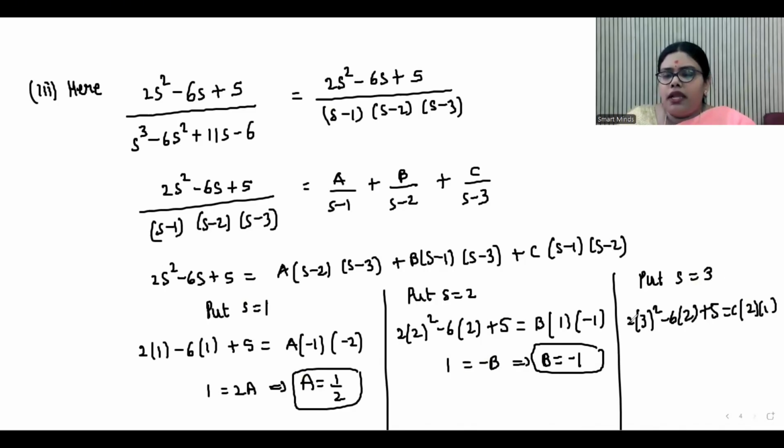So 9 twos are 18, and 18 and 18 get cancelled. You will get C is equal to 5 by 2. So you got the A, B, C values.